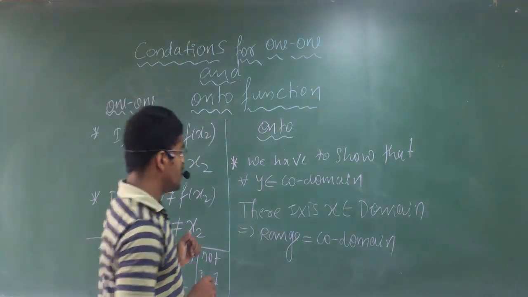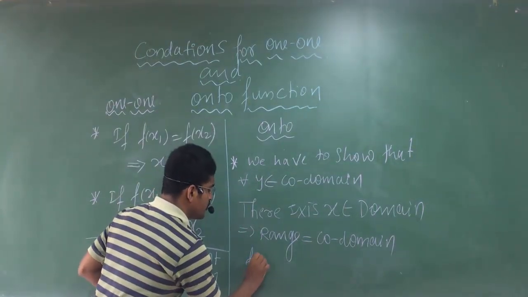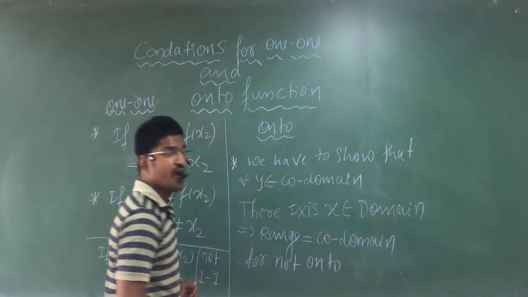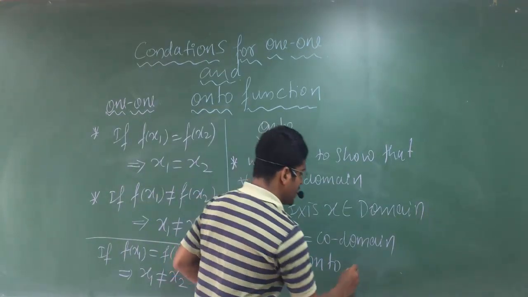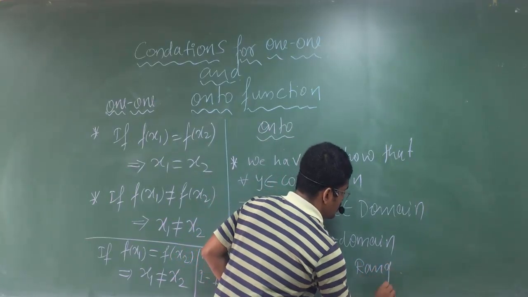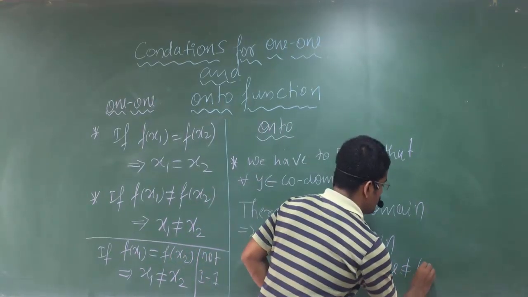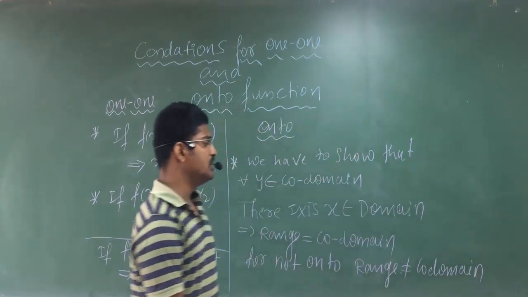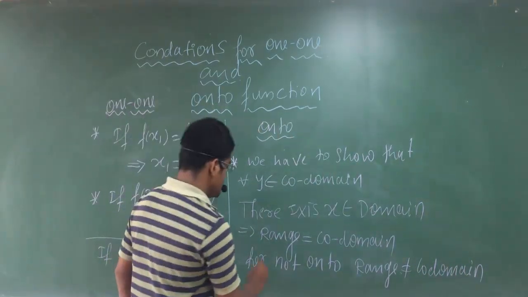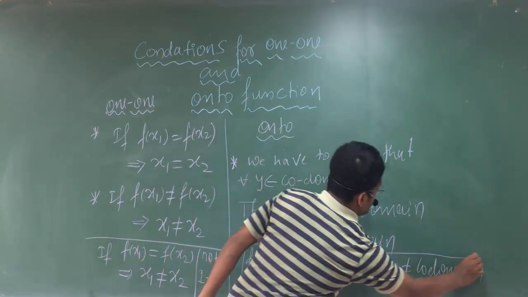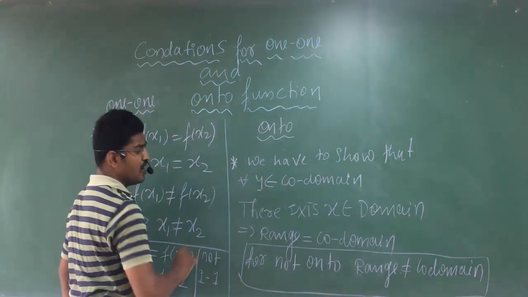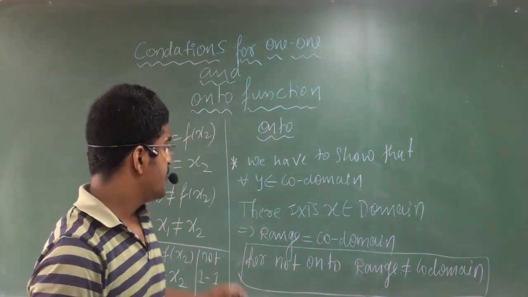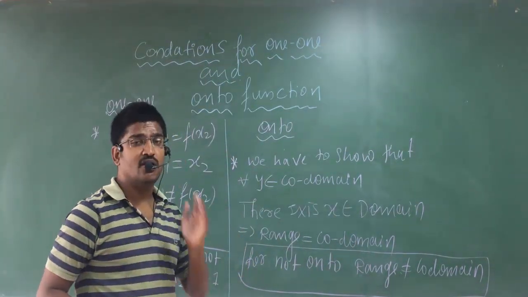Okay. Then for not onto, what we have to do? We have to show that range is not equal to codomain. This is for not onto. Are you clear? So if range is not equal to codomain, that function is going to be not onto.